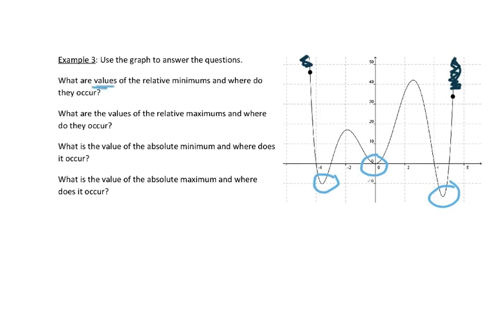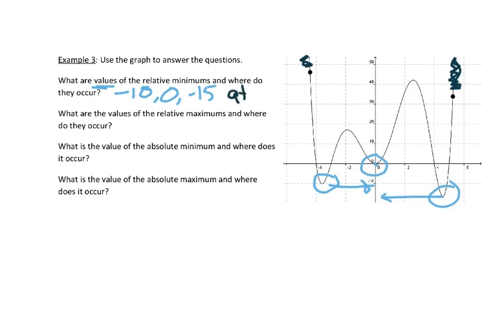So the values, again, they're asking about the y values, and quite often these questions word it asking about the values or the y values first. So this would be negative 10. This one would be 0. And this one looks like, I don't know, maybe negative 15. And then it says, and where do they occur?